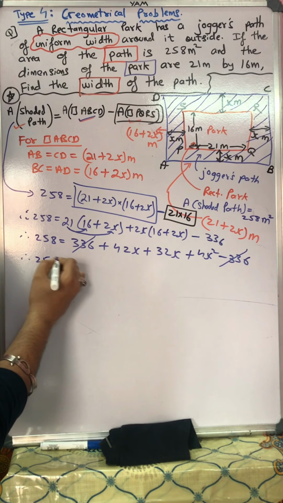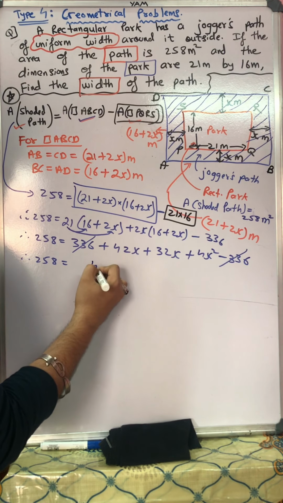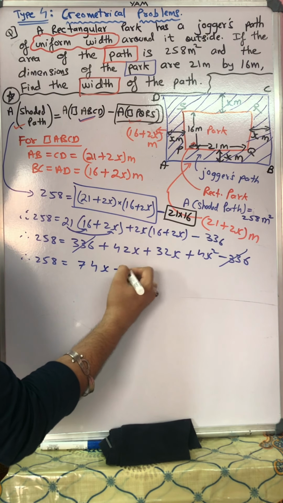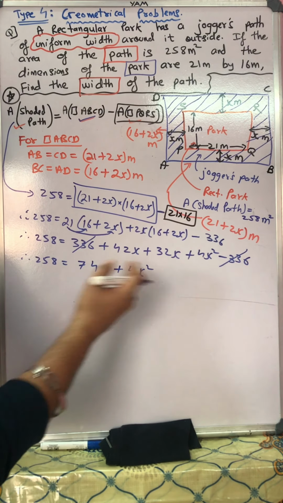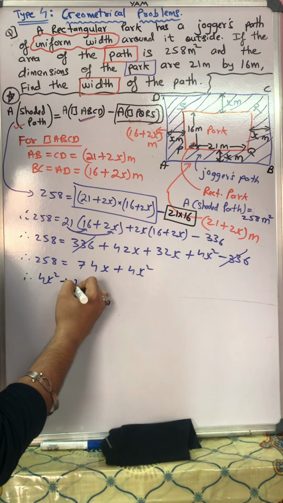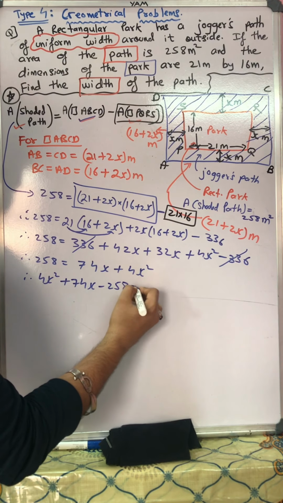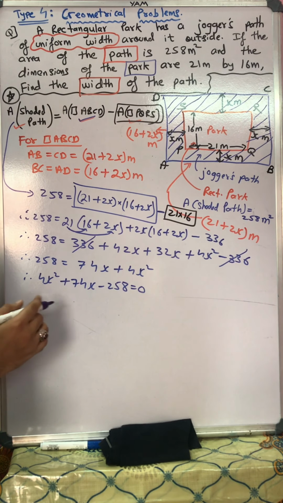Therefore 258 is equal to 42x plus 32x, which is 74x, plus 4x squared. Let's take 258 to that side, so it becomes minus. Therefore 4x squared plus 74x minus 258 is equal to 0. Okay, students, this is a quadratic. Do all the terms get divided by 4?